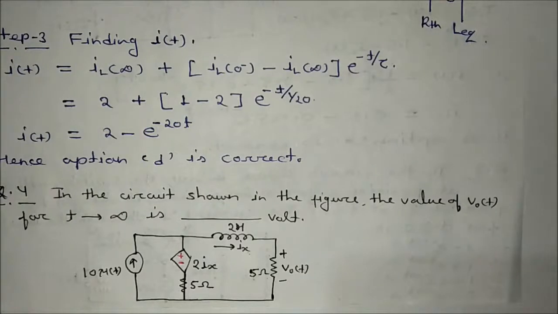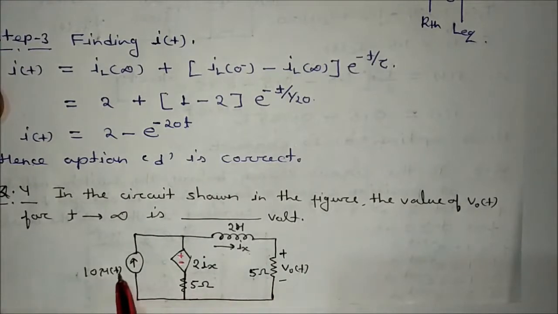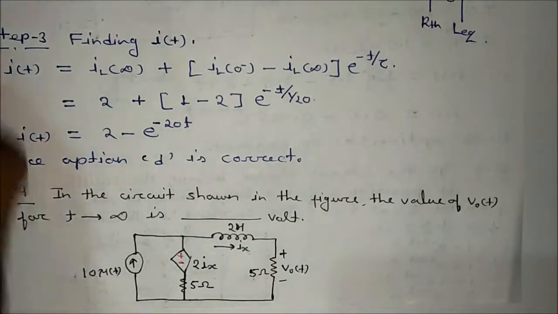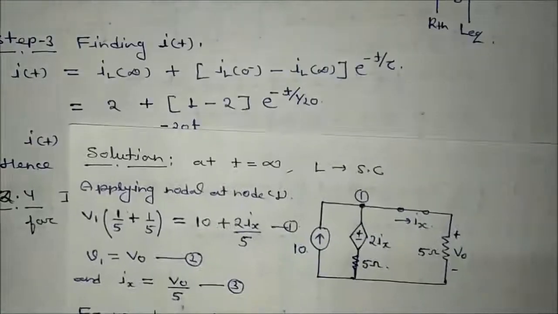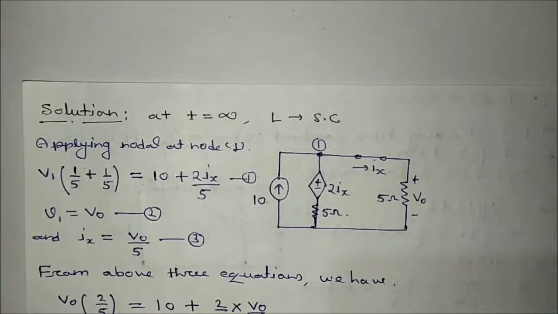So we will draw the circuit for exactly t is equal to infinite, and at infinite we know that the inductor will be short circuited. So make it short circuit. What is this function? This is 10 u(t), and u(t) at t is equal to infinite is equal to 1. So this will become only 10 ampere. Is it okay? So if you make the circuit at t is equal to infinite, the circuit will look like this one.